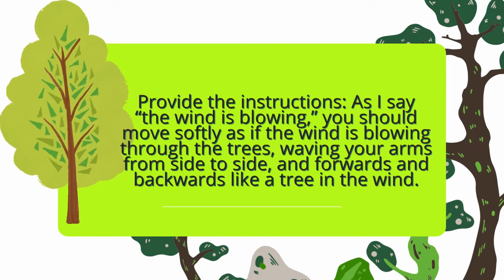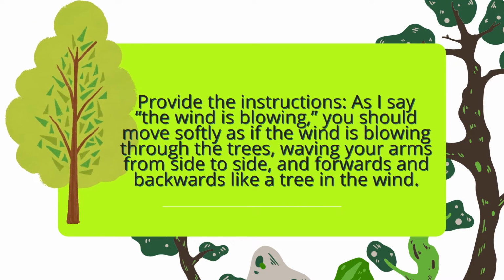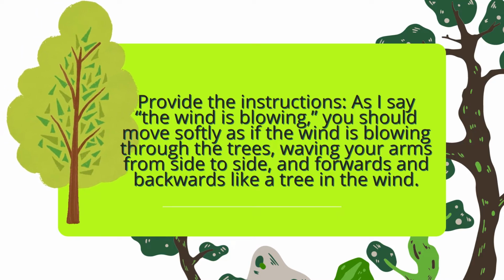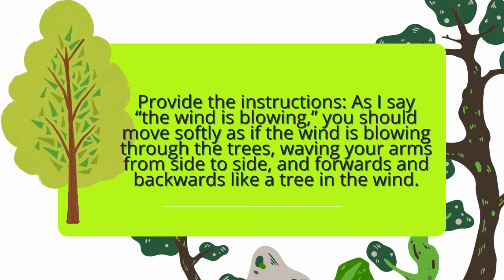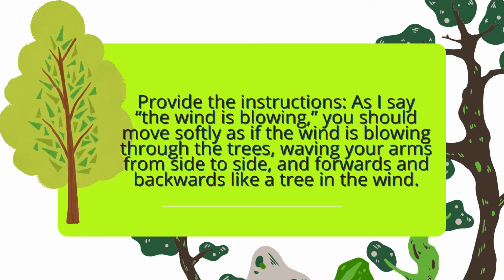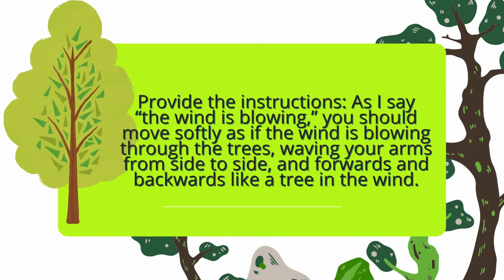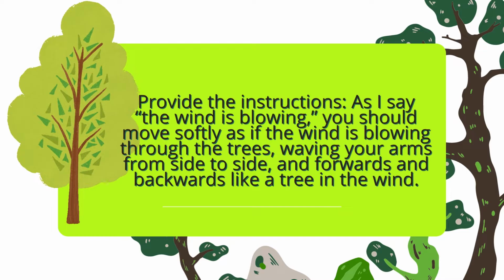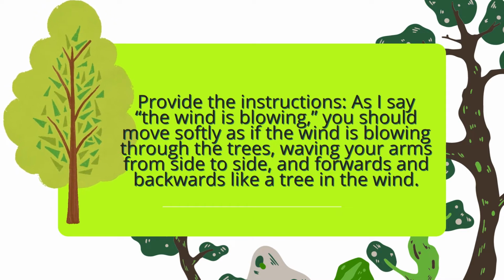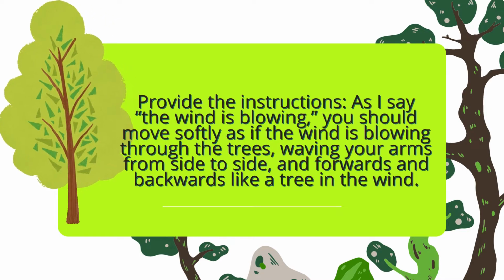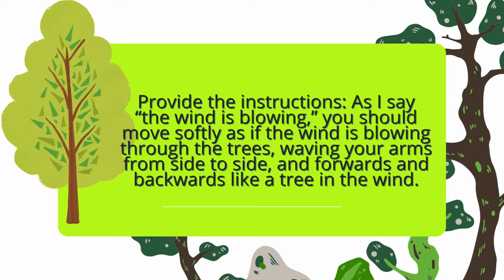You can just read this or translate this in the dialect that will be understood by your pupils, by your learners. As I say, the wind is blowing. We are going to give them this phrase, the magic phrase, the wind is blowing.